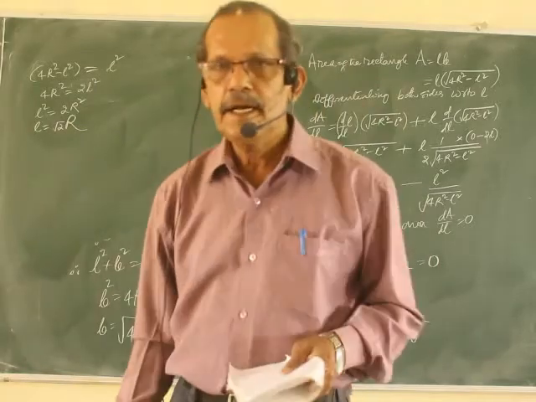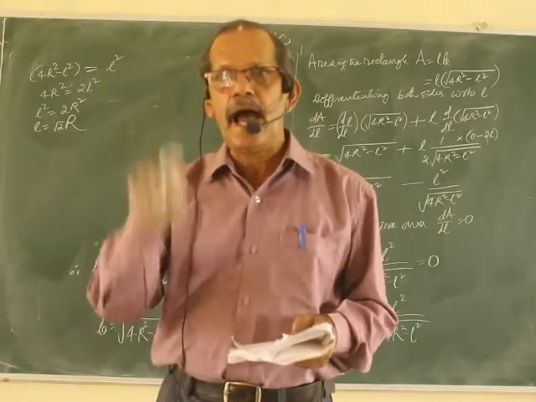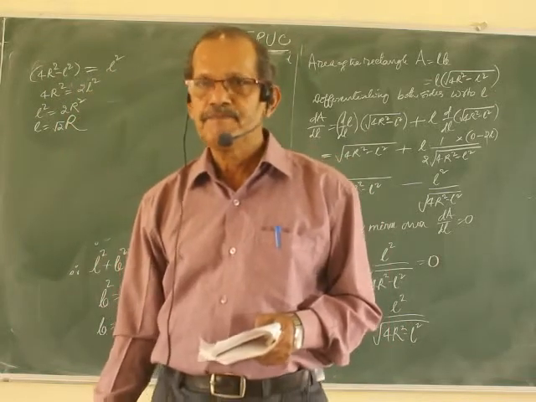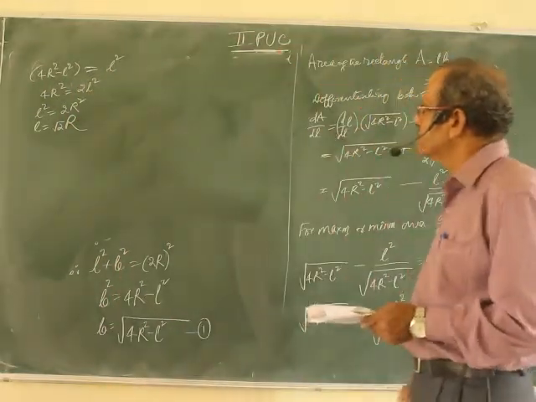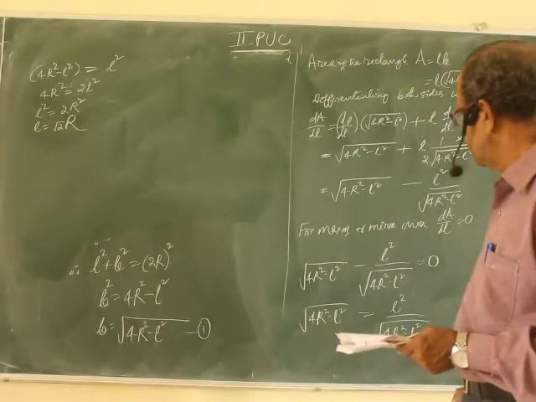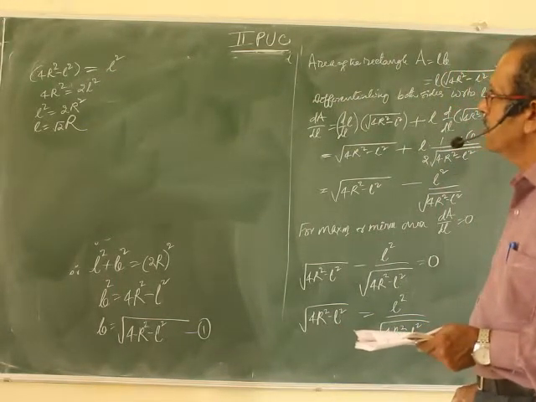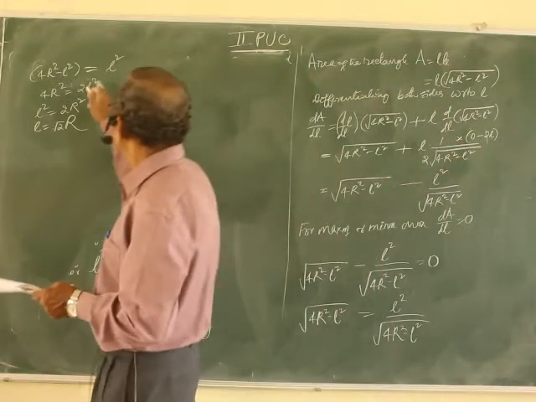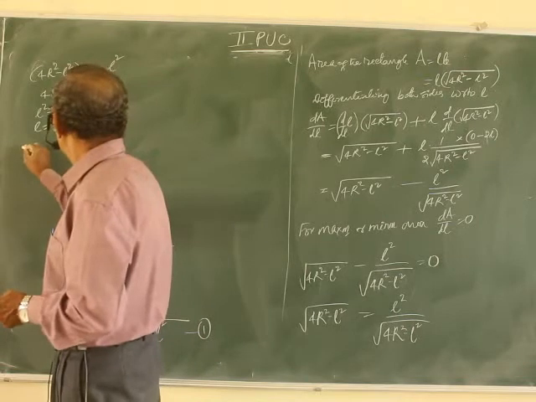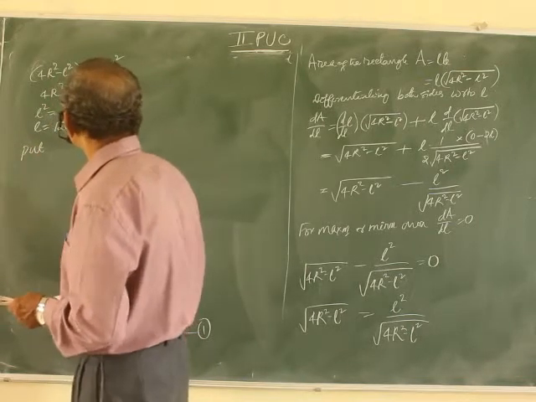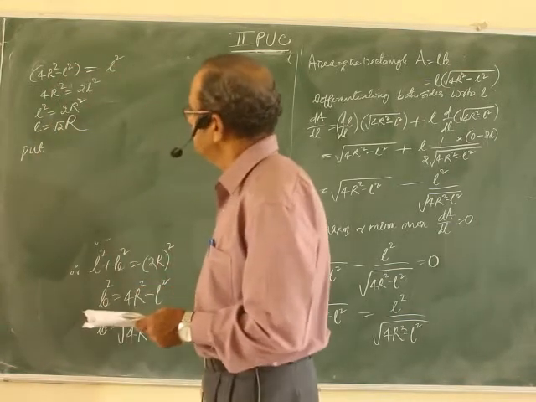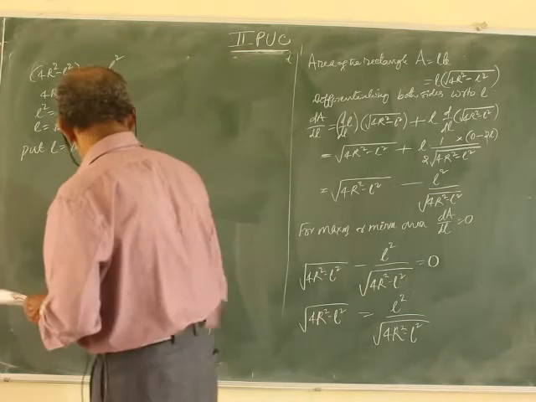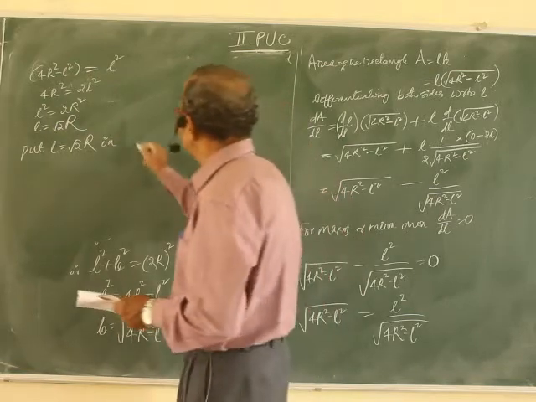This is actually the length of the rectangle having maximum area. Next, put L equal to root 2 R in equation 1.